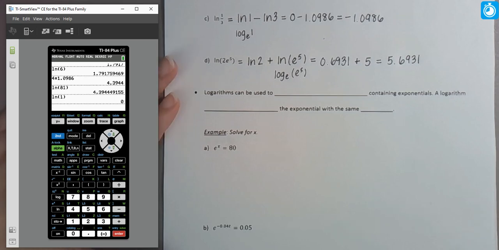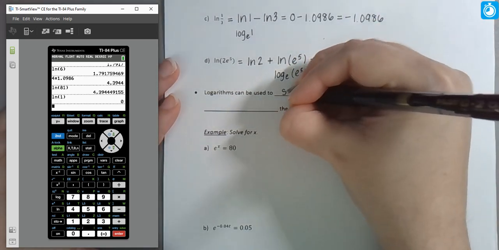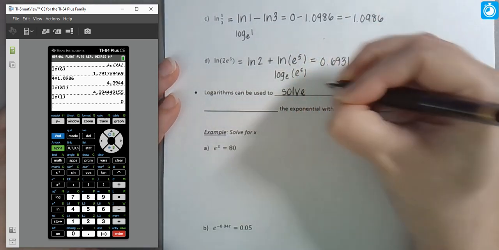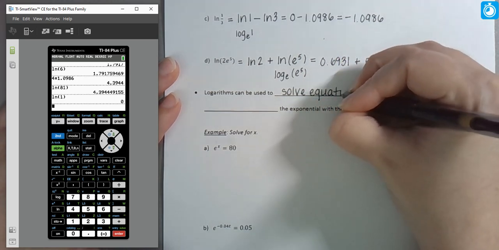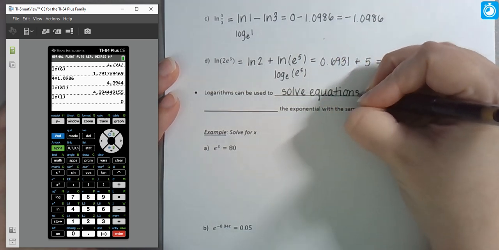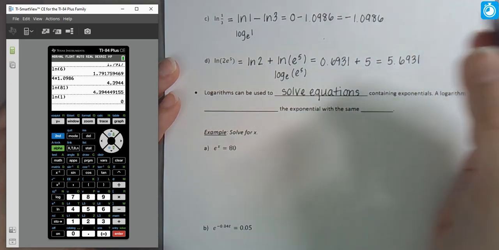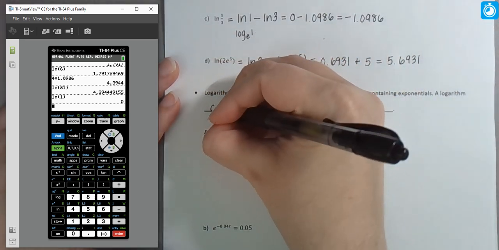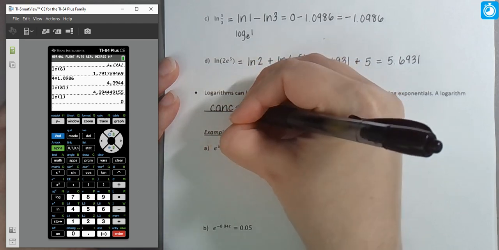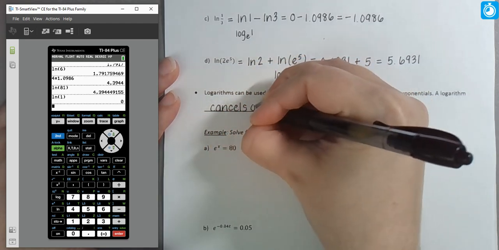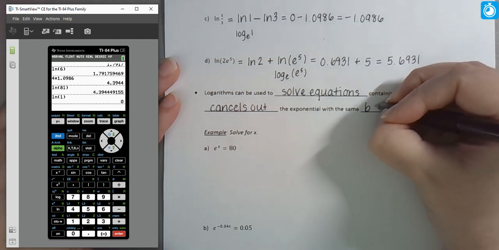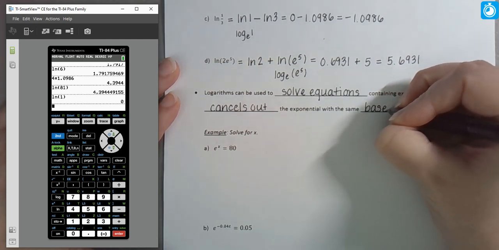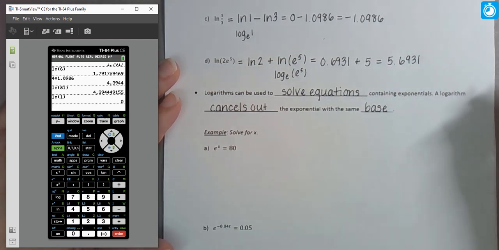So logarithms can also be used to solve equations that contain exponentials. A logarithm essentially cancels out the exponential with the same base, and that's based on that inverse rule we saw.